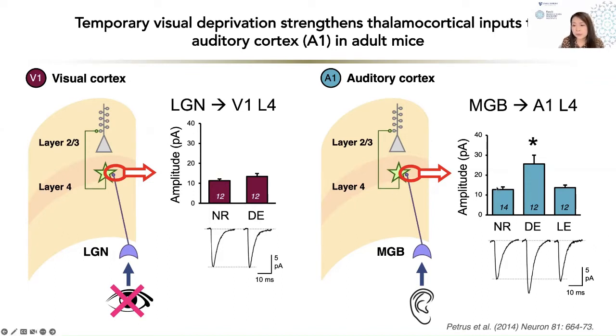Moreover, the fact that we saw change in the auditory cortex, but really not much change in the visual cortex, was another surprise. That sort of meant that somehow the adult auditory cortex is paying more attention to what's happening to vision than audition, and the visual cortex doesn't care if it doesn't have any vision. But in either case, this was a very interesting finding.